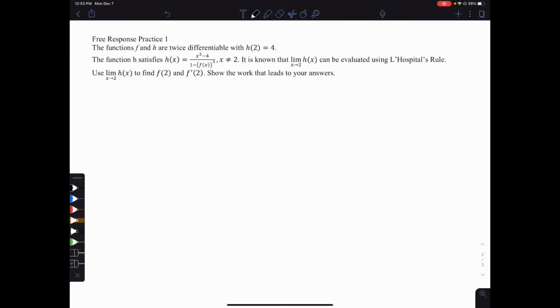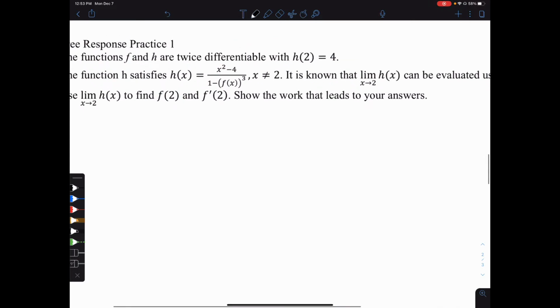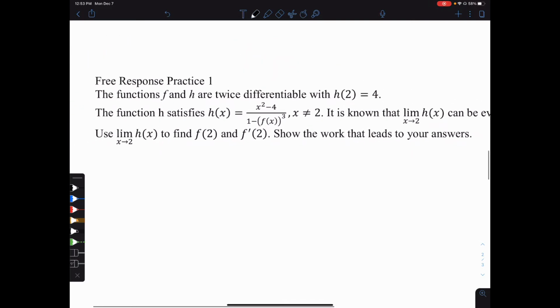This next question, it's pretty tough. The functions f and h are twice differentiable with h of 2 equal to 4. Now the fact that it's telling you this is twice differentiable, that means that both f and h are continuous.